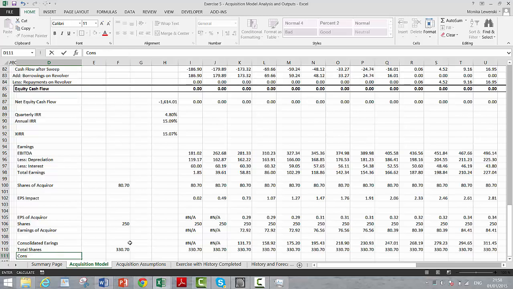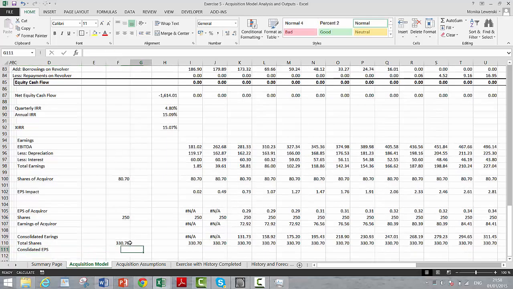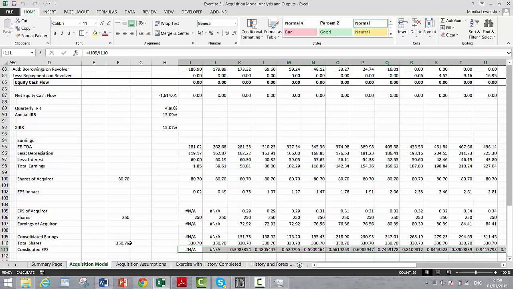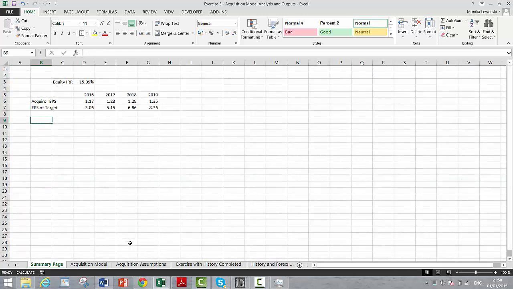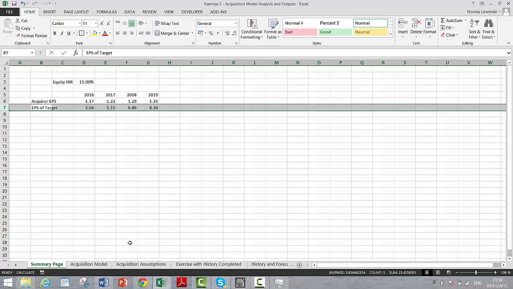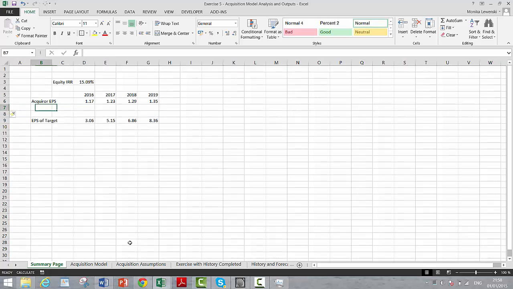And that's consolidated EPS, which is just this divided by that, and that we can then pull over to our other sheet. So why don't we just put that right up here.